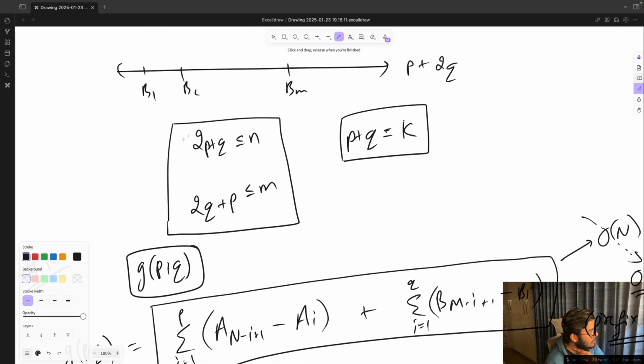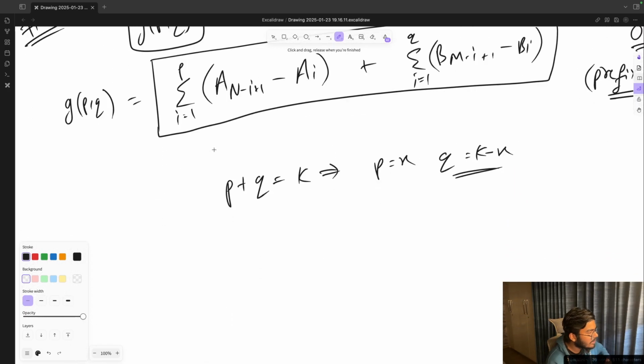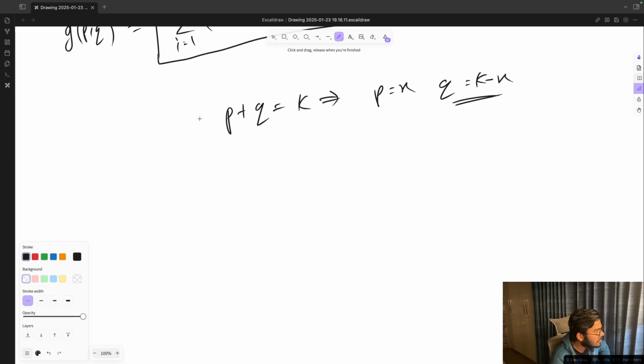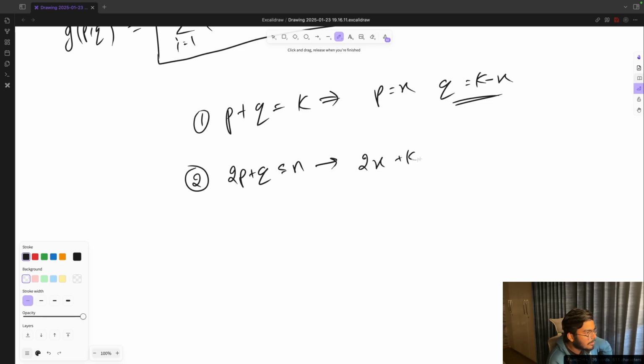So we have 2p plus q less than or equal to n, right? This was my first equation. For this we can use these values: 2 times x plus k minus x is less than or equal to n, and from here we will get x is less than or equal to n minus k.